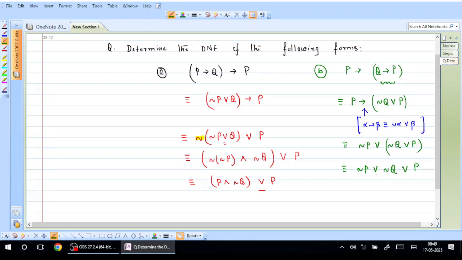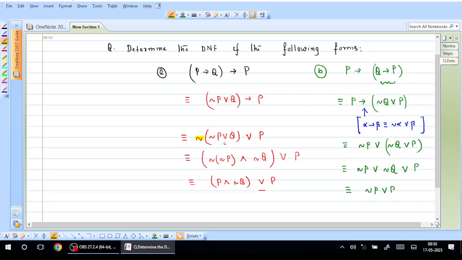And what about this one? Negation of P and negation of P is there. So if I take its join with negation of Q, I am leaving my expression with this one only: negation of P join P only.